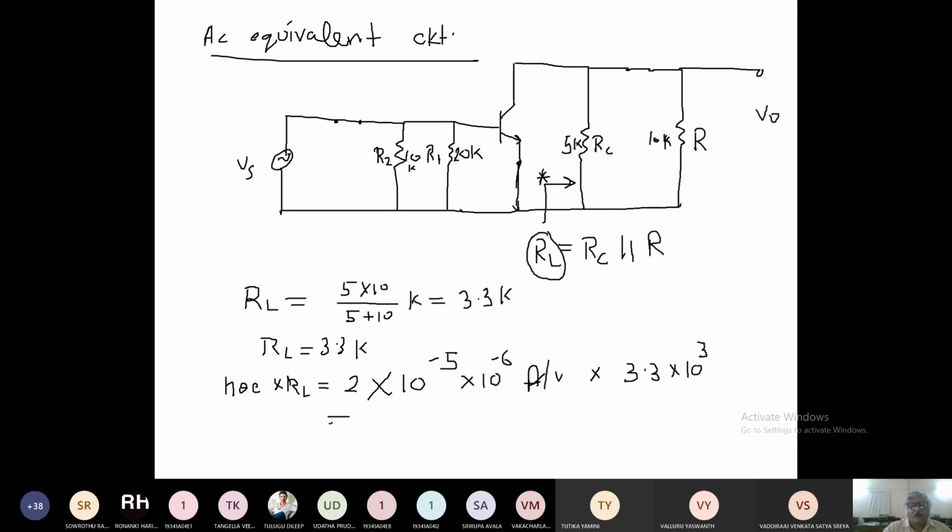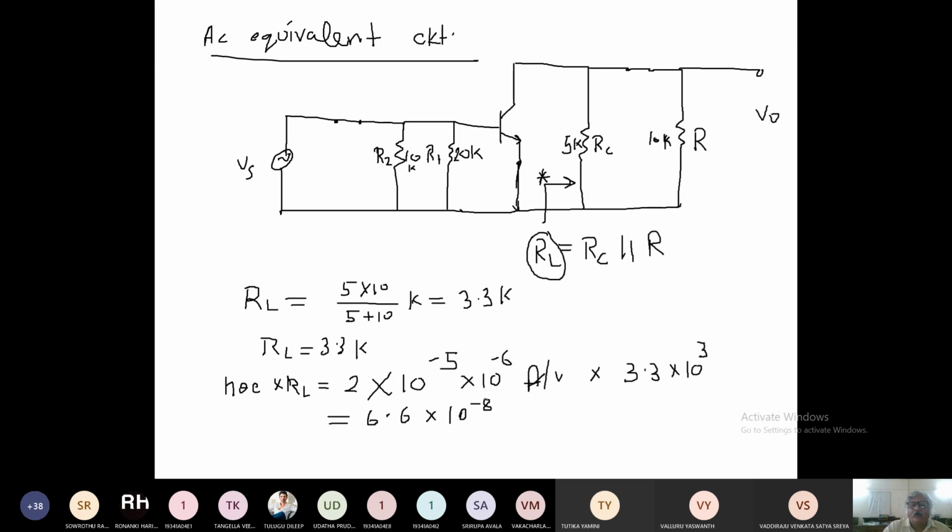So 3.3 into 2 is 6.6, multiplied by 10 raised to the power minus 8.